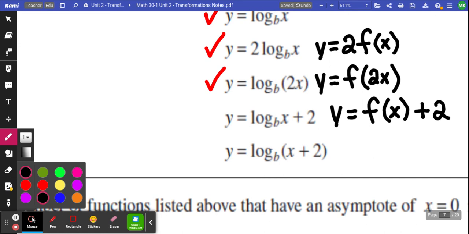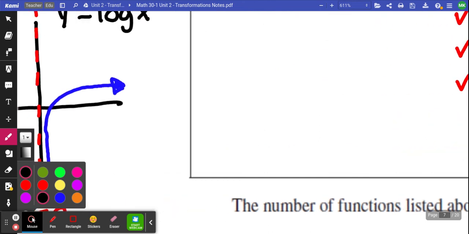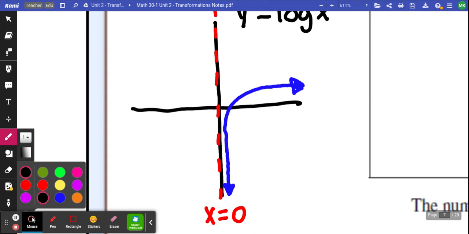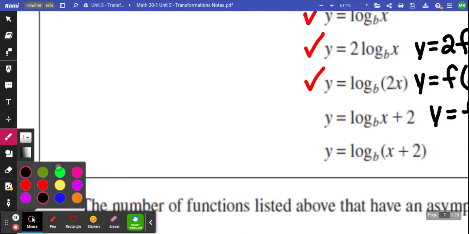What transformation? Yeah, up 2, right? This value moves things up or down. So would your asymptote move or change? If it was at x equals 0, and I took that entire asymptote and I shifted it 2 up, still in the same spot. It did not move. That means it is still x equals 0.